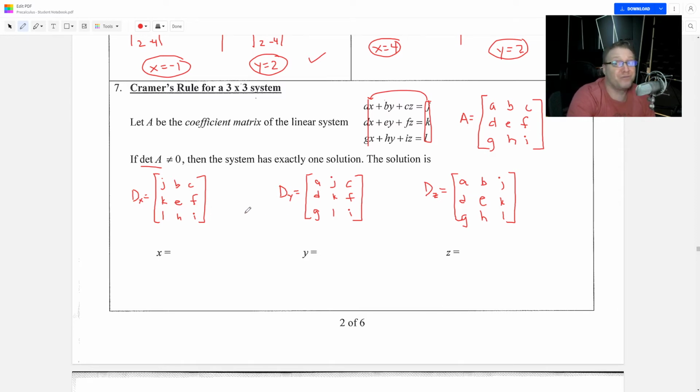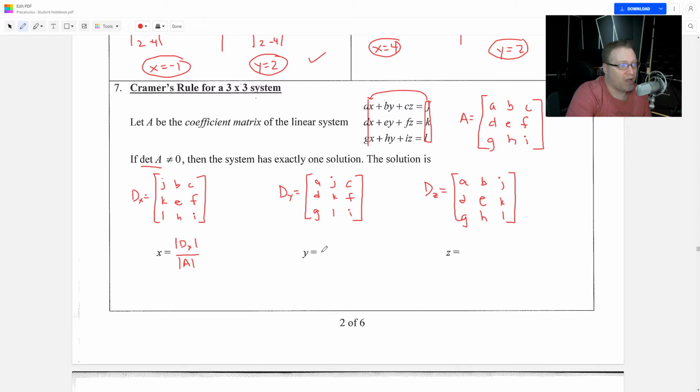Now, after you have found all of these matrices, our final solutions are going to be that x is going to be the determinant of dx over the determinant of A. All right?